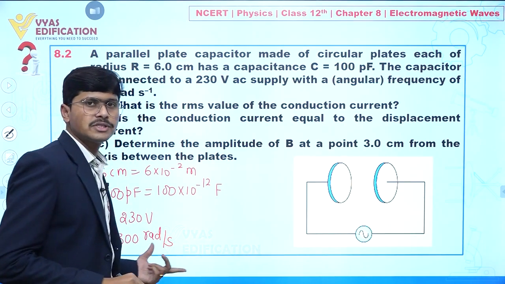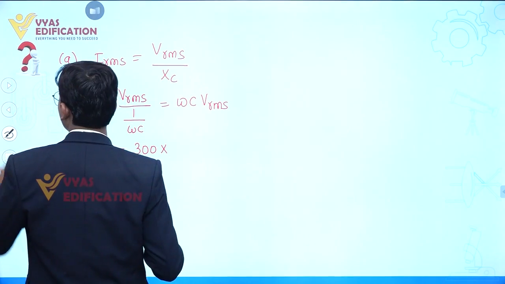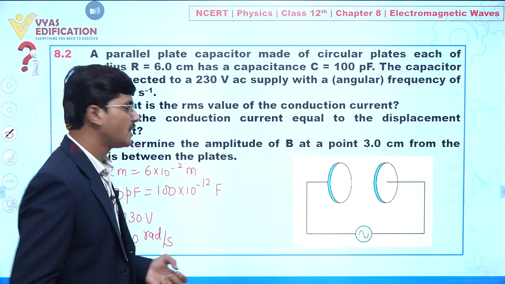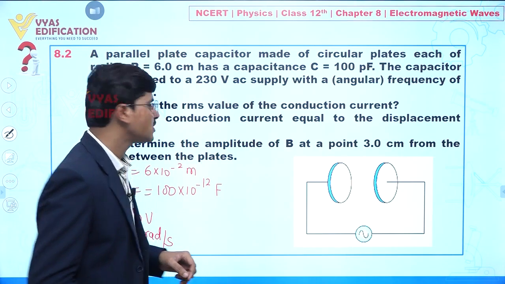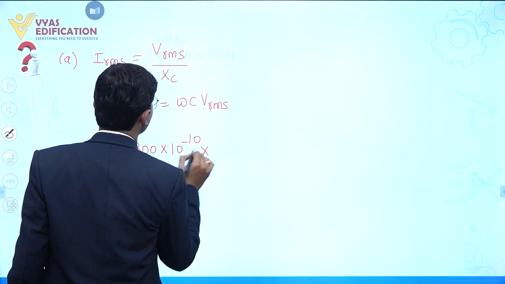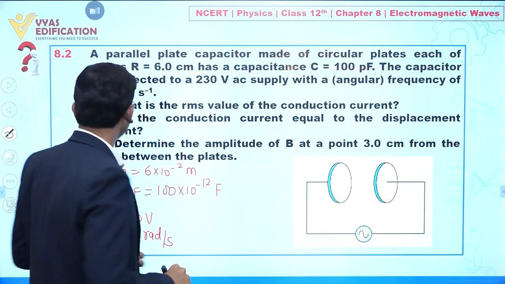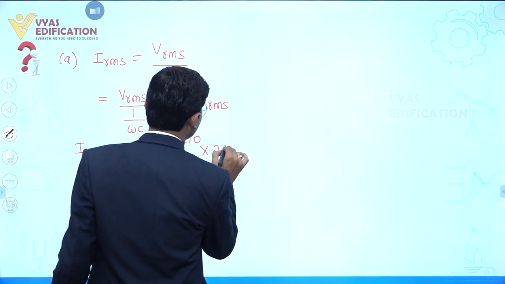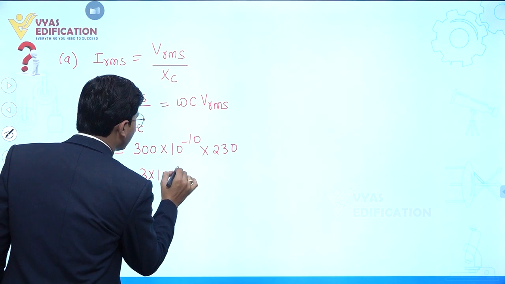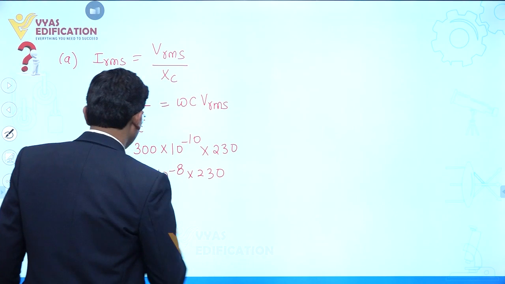The value of omega we have is 300 radian per second. What about C? The C value is given as 100 into 10 to the power minus 12, or we can say 10 to the power minus 10 farad, multiplied by VRMS, which is given as 230 volt. So from here you get 3 into 10 to the power minus 8 multiplied by 230.